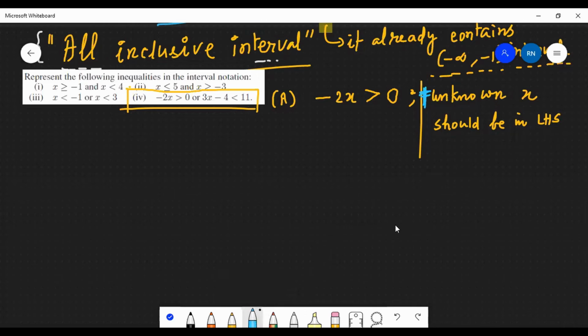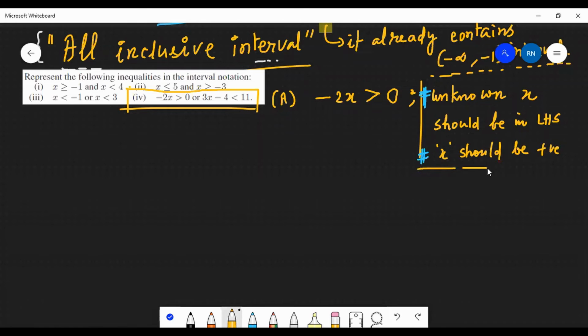Students can make note of every tip and clue that I give. Let me come up with the second tip. The x on the left side should first of all be made positive.